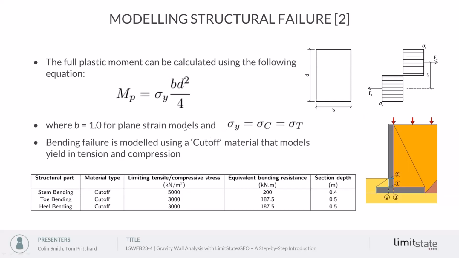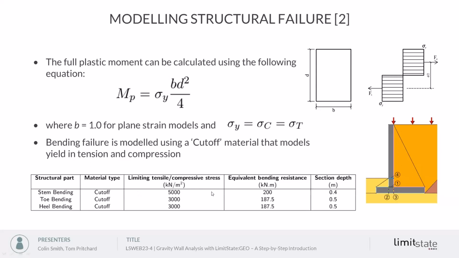And they can be converted to the plastic moment of resistance using this formula, sigma y B D squared over 4, which is for a beam. In our problem, we're doing a plane strain 2-dimensional analysis, so our width B is effectively infinite, or in this calculation, we're doing it per unit width into the diagram, so we can set that to 1.